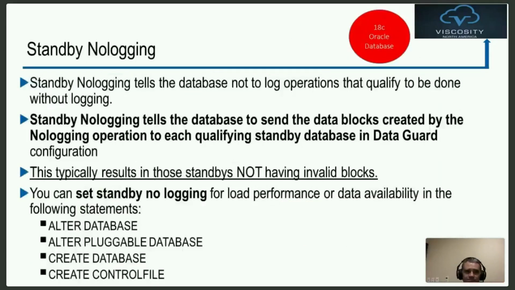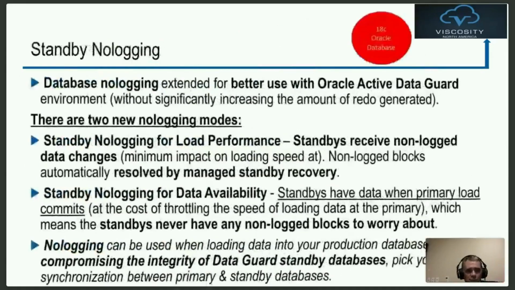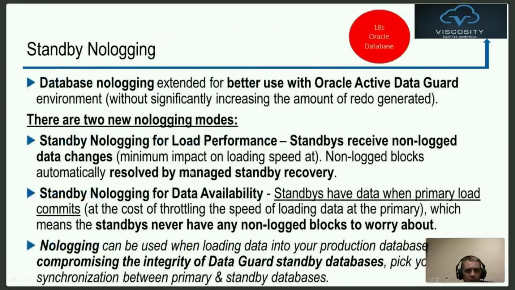Standby nologging tells the database not to log operations that qualify to be done without logging. So in the old days, if I said nologging, now all of a sudden whatever I was doing, it doesn't end up on my DR site with DataGuard. Now DataGuard says, hey, even if somebody does nologging, I want you to move it over there. There's two different modes.